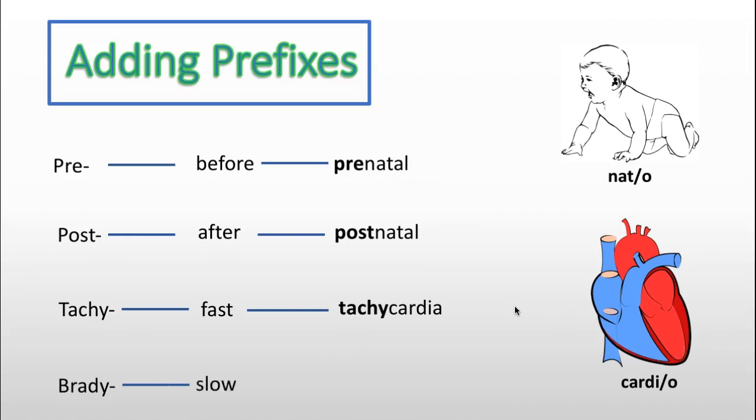Brady means slow. So we can also add this to the root cardi, and we get bradycardia, which means slow heart action. So the prefixes in these words are pre, post, tachy, and brady, and we use these with roots to create medical terms.